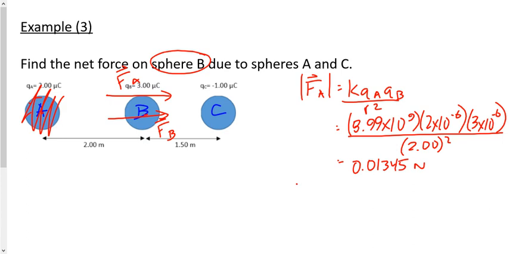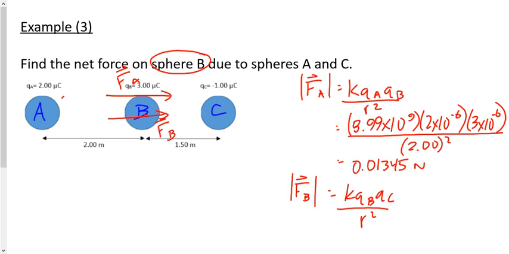Now we find the value of FB, the force between B and C. We're going to say K QB QC over R squared. Okay, we sub in the numbers for that. 8.99 times 10 to the 9. QB is 3 times 10 to the minus 6.